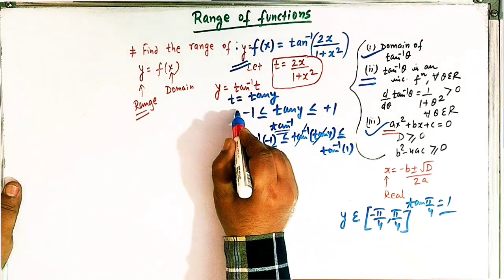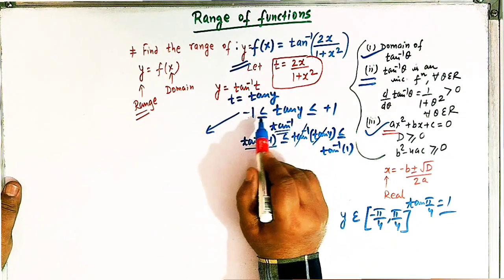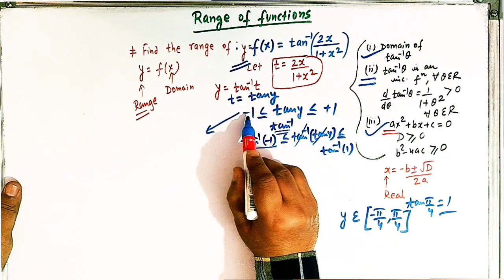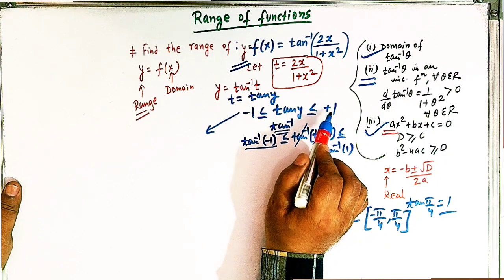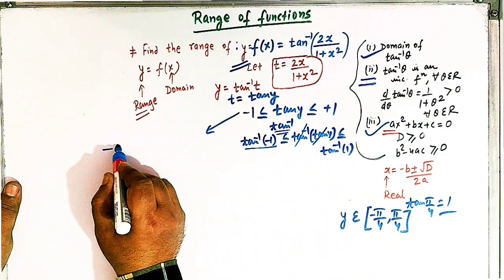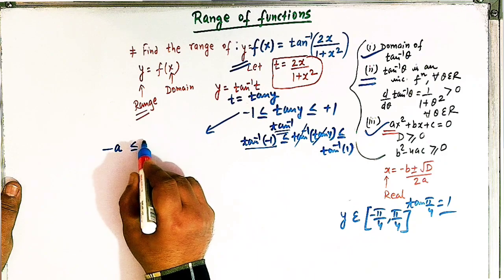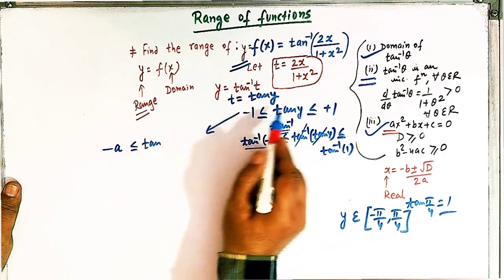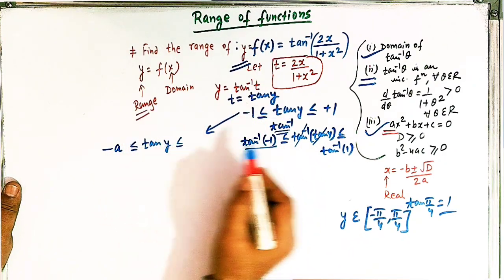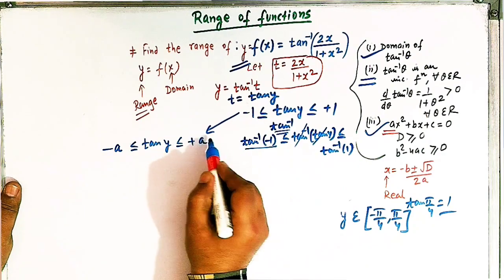So viewers, let us consider an inequality similar to this one, right? Here we have -1 and here we have 1. So let us take say minus a, and then we have say tan of y, and here we have plus a, right?